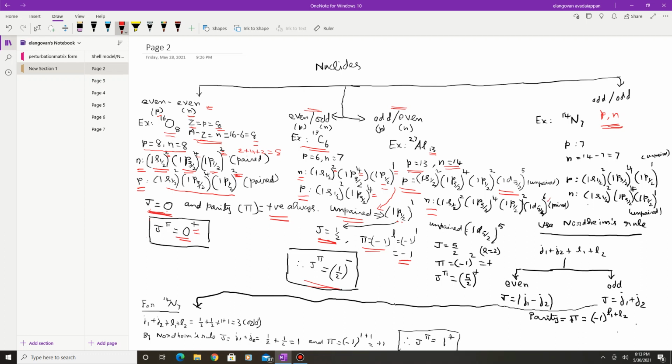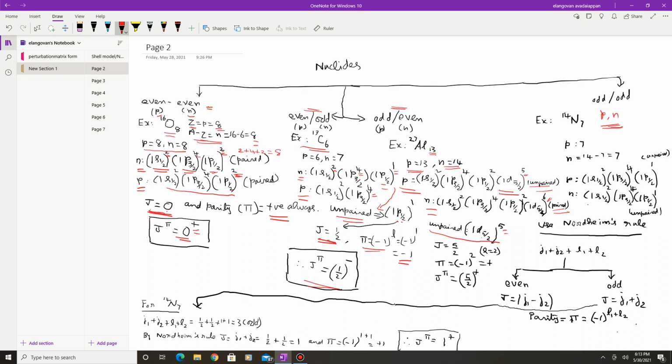This is an even number, so it is a paired level, and for the proton level 5 it is unpaired. So you take the unpaired level, which is important for calculating angular momentum as well as parity. 1d5/2 with 5 is an odd number.